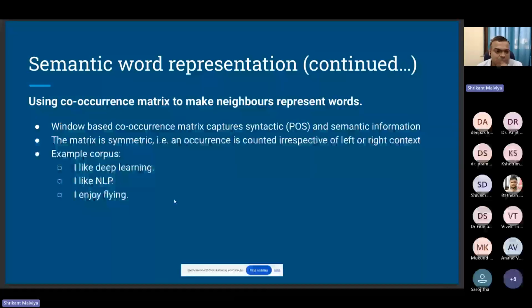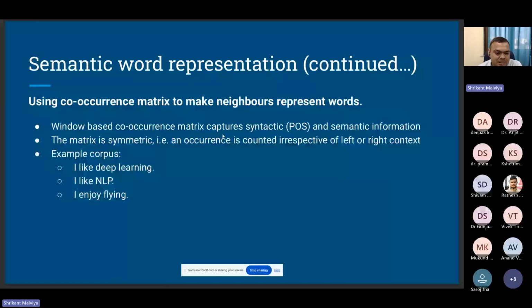We'll see some of the approaches which follow this criterion, and one is the co-occurrence matrix, a very useful one. It uses neighboring information to represent the word. It is a window-based matrix generation method, which captures not only syntactic information but also semantic information.